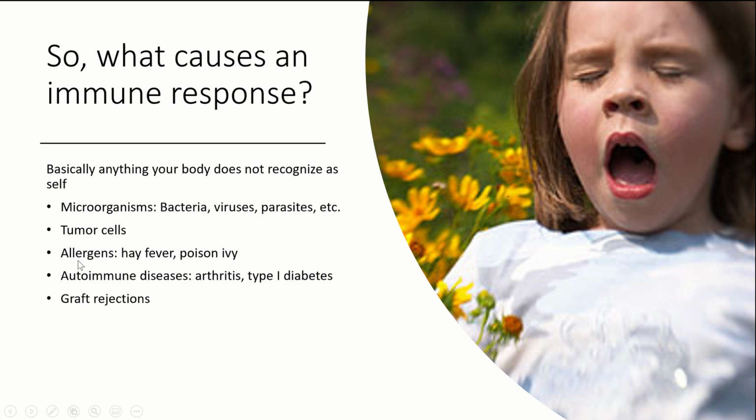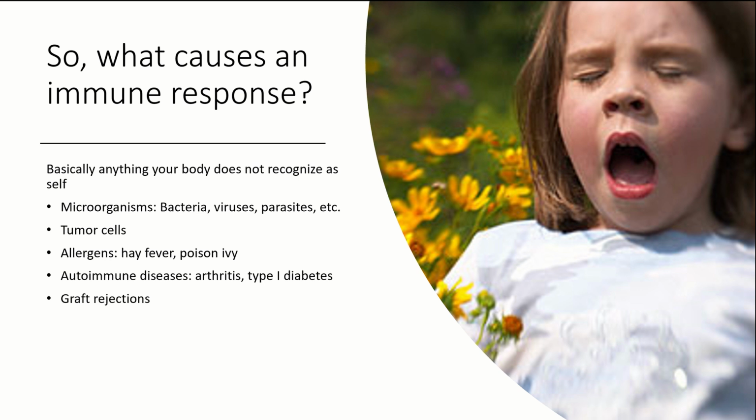Okay, another thing is allergens. So, hay fever, poison ivy, right? Pollen, that's what this little girl's freaking out about, is some pollen. So what allergies are is basically your body is sensitized to some kind of allergen, and it actually creates more of an exaggerated immune response than it really needs.